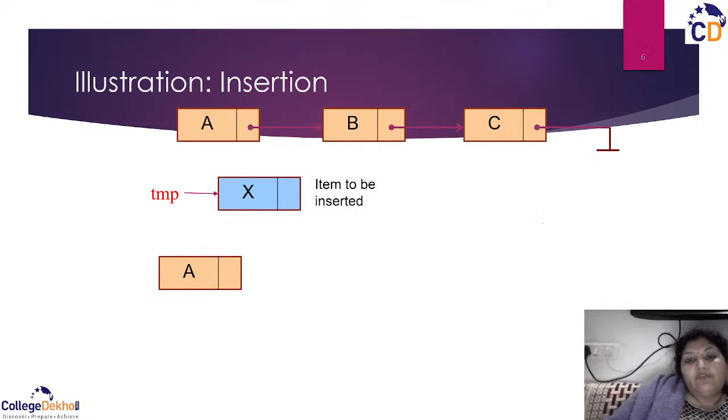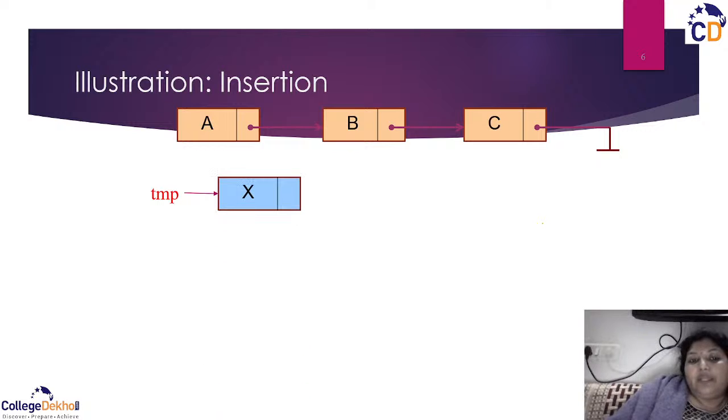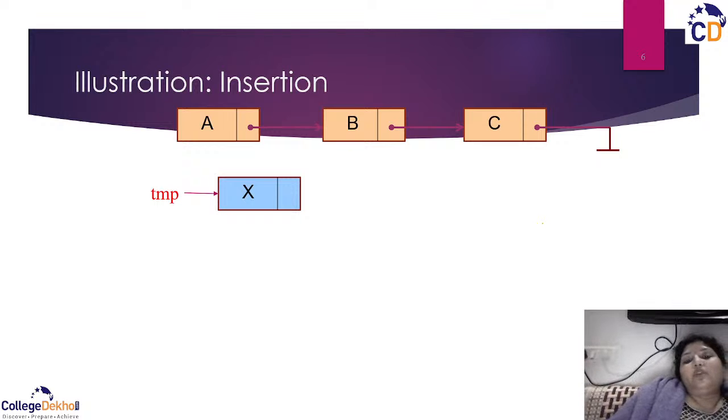So here, have you observed what we have done? We have this list. Now I want to insert a value. I may be holding that value, which is treated as temp, right? Now I want to insert this temp in between A and B. Now A's next part is pointing towards B. Now what happens?